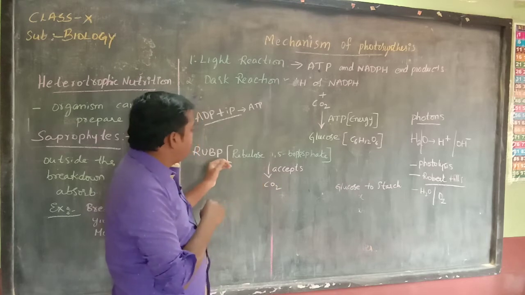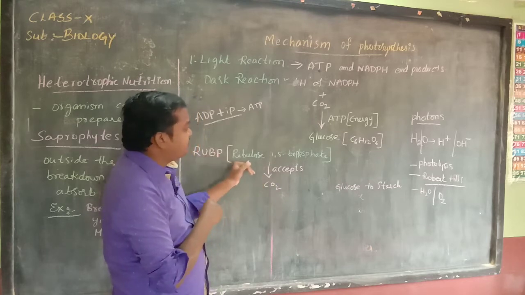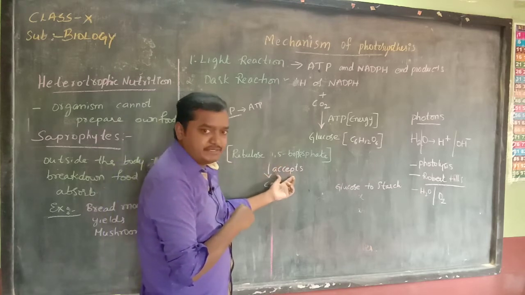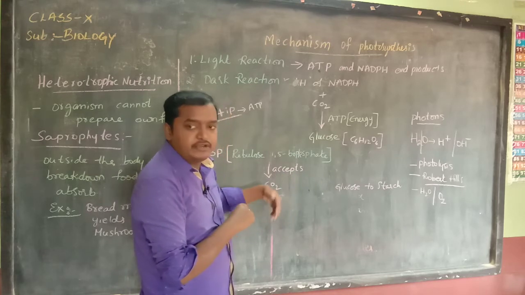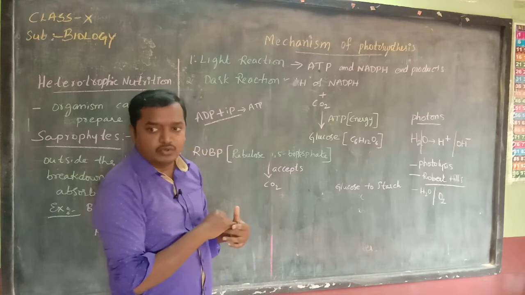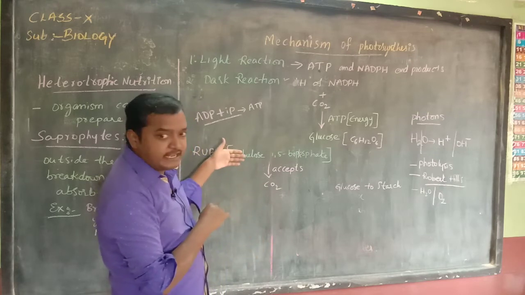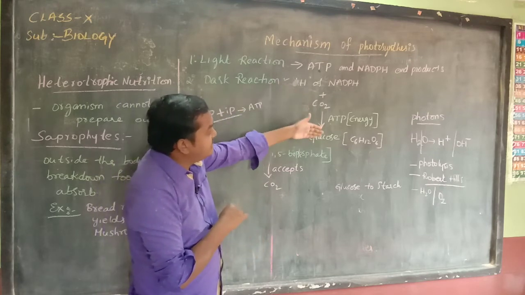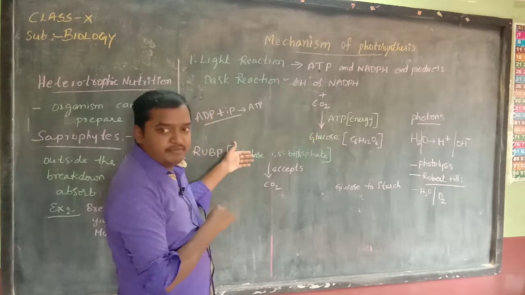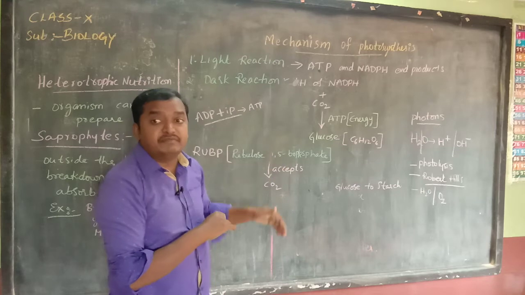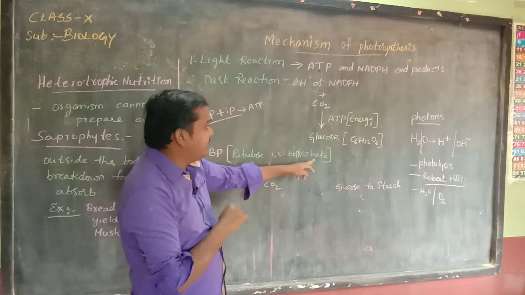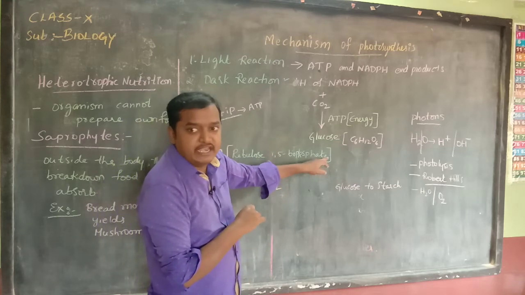So ribulose 1,5 bisphosphate accepts, gathers, takes the CO2. Later on it converts into glucose. There is an intermediate step between these, with the help of some enzymes. Understood? This is the intermediate step with the help of some enzymes.